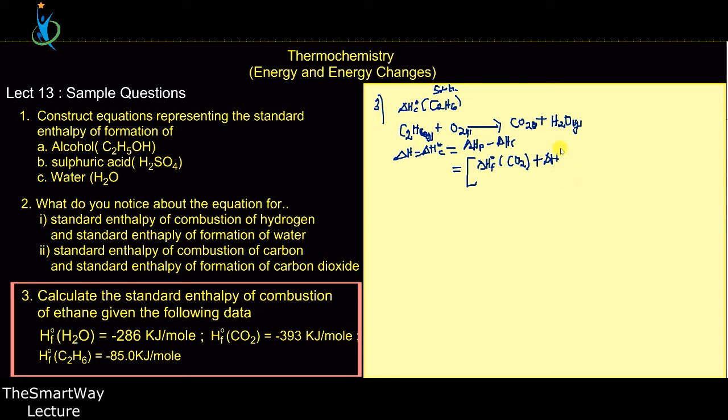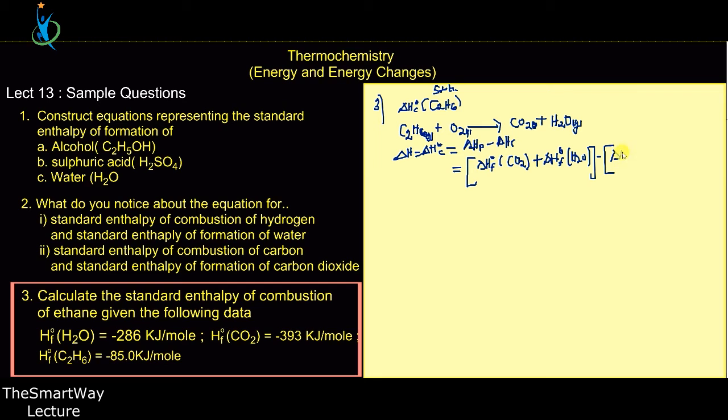That is the standard enthalpy. That is, this symbol represents standard. So standard enthalpy of formation of water, all minus the sum of all the what? Energy of the what? The reactant.